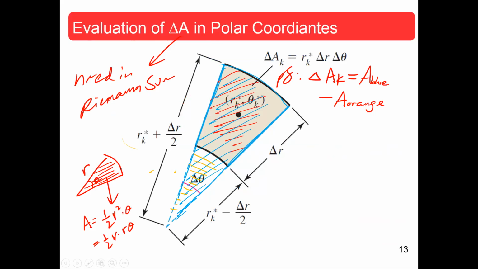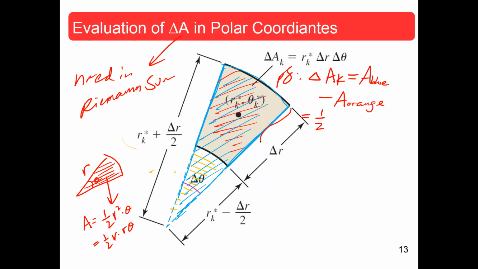You can treat this as a sort of triangle, right? So I can use this formula to calculate the area of the blue region and use this formula to calculate the area of the orange region. The difference will be the area of the shaded region that we're interested in. So let's do the area of the blue. That's going to be 1/2 its radius squared.